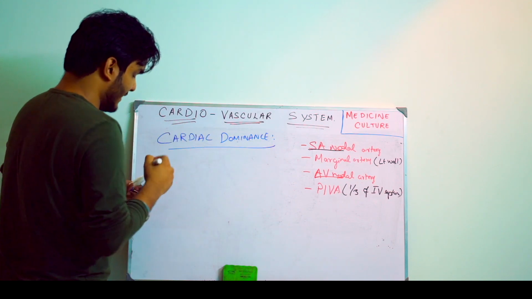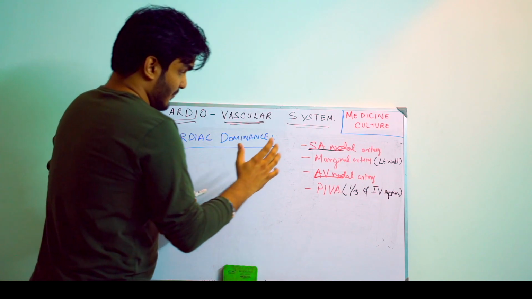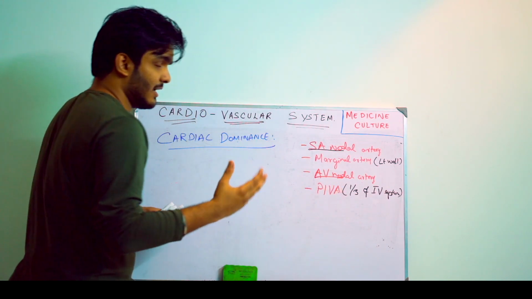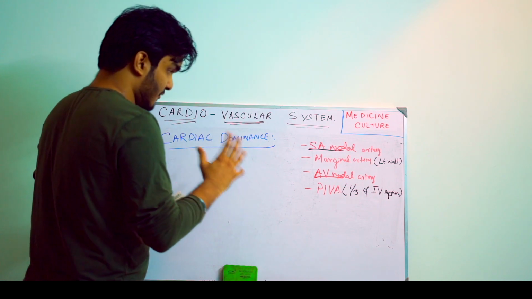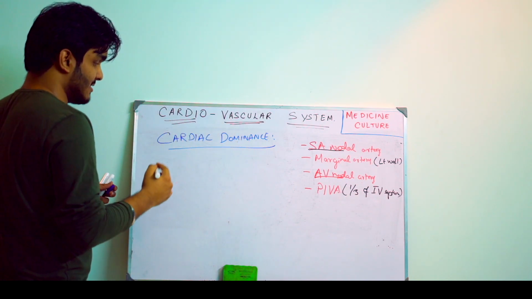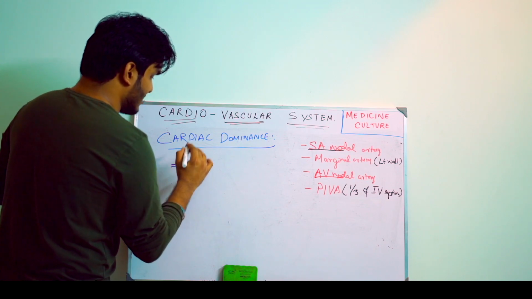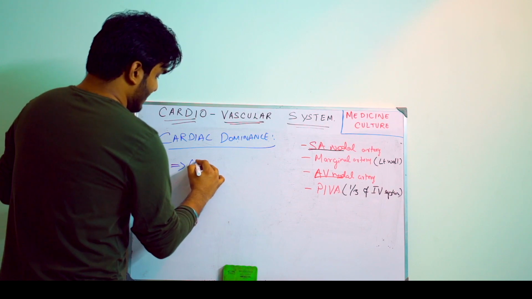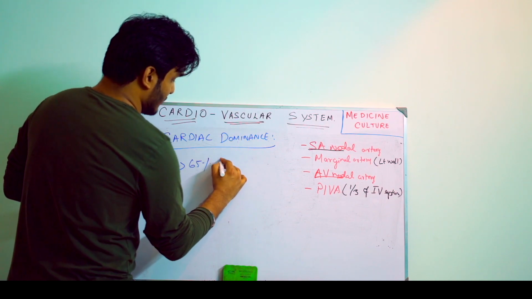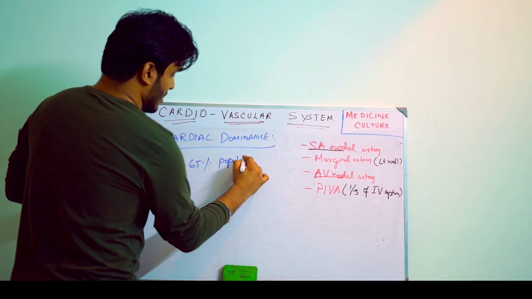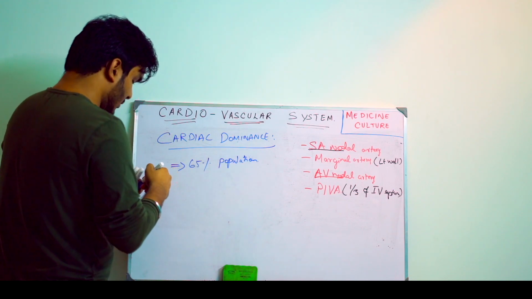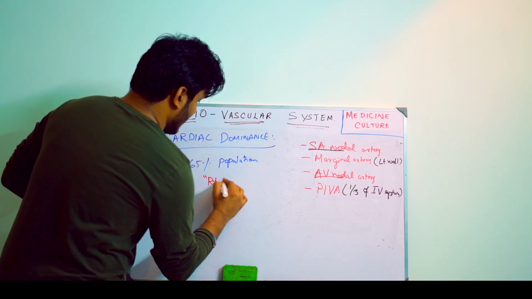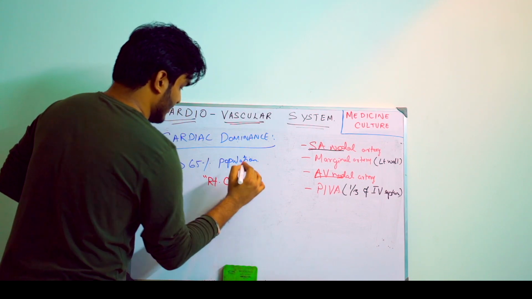Cardiac dominance means that if the PIVA, the posterior interventricular artery, is a branch of the right coronary artery, then the person has right-sided cardiac dominance. Roughly 65% of the population around the world have right cardiac dominance.